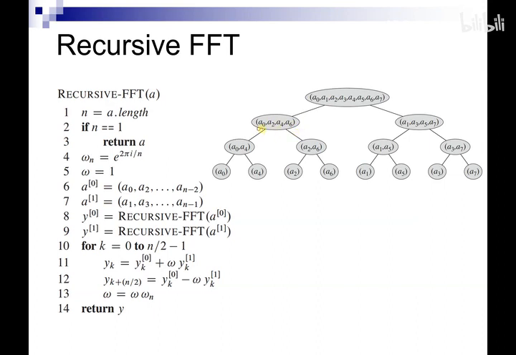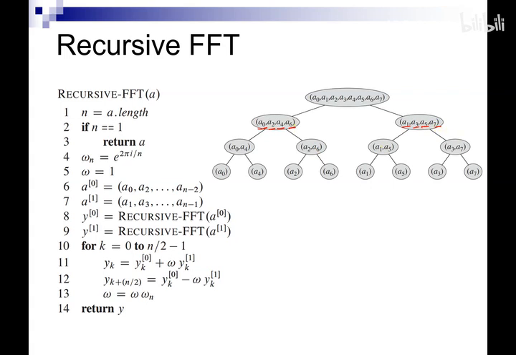The even coefficients are the A0 and the A4, and the odd coefficients are the A2 and the A6. Then you're going to compute these recursively. And likewise over here, you're going to take the even coefficients A1, A5 and put them into one 2-point FFT, and then these go into the other 2-point FFT.